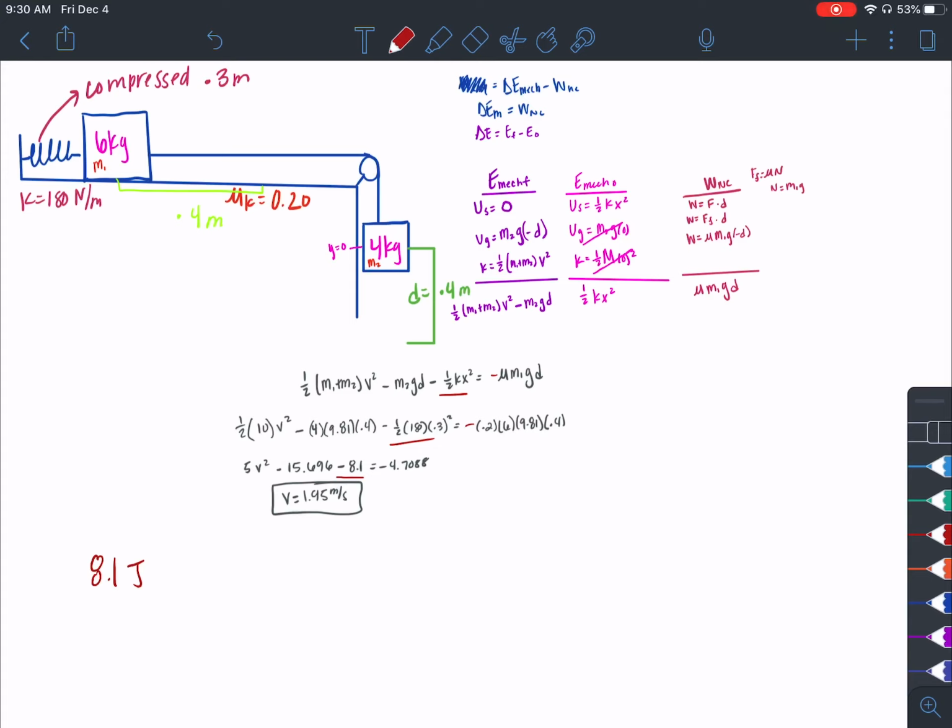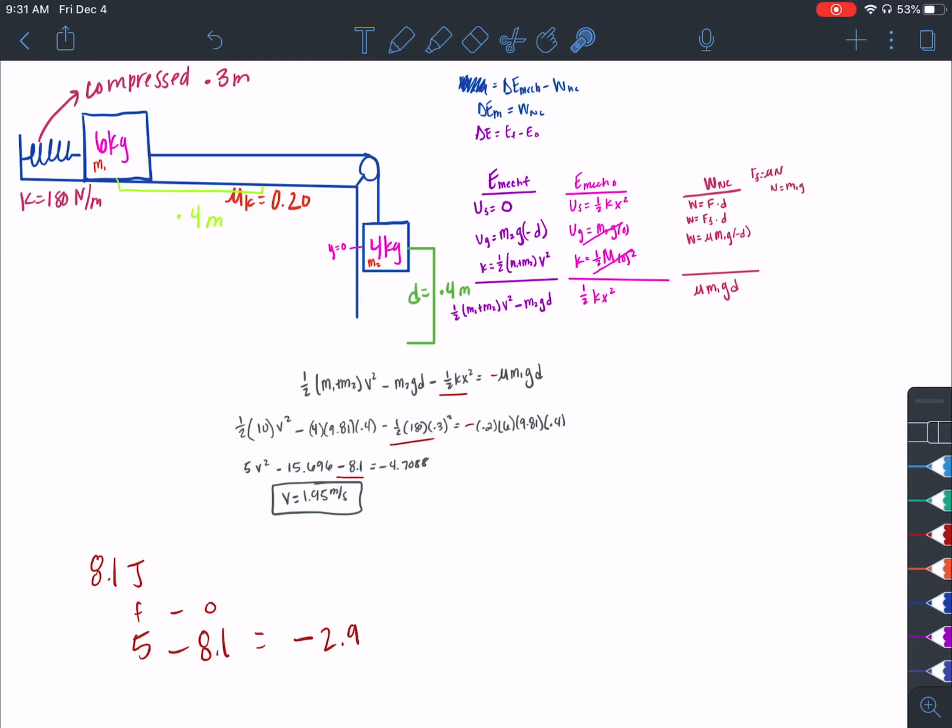And if we think about it, we are obviously losing mechanical energy to thermal. So the mechanical energy here is going to be less than this. So any number less than this, we could even just say it was 5 minus 8.1, because we're doing final minus initial, is going to give me a negative number. That would be negative 2.9.